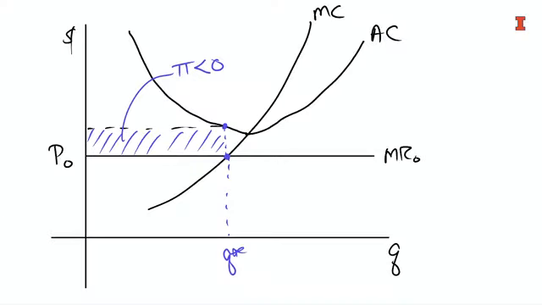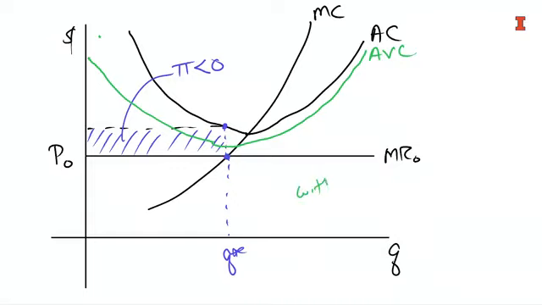Well, suppose I told you now that the average variable cost looks like this. So is that a legitimate average variable cost? You bet. It's U-shaped, and its minimum lies along the marginal cost curve. But now, in this world, you can see that this firm will recognize price is less than average variable cost.